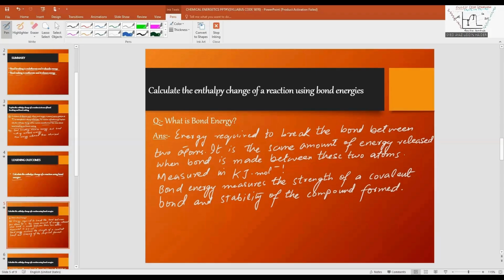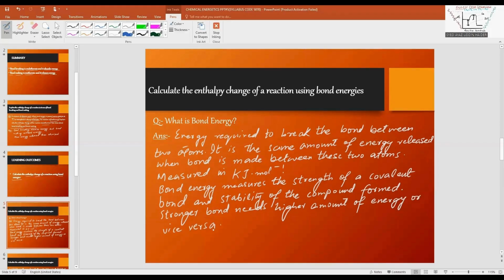Stronger bond needs higher amount of energy or vice versa.